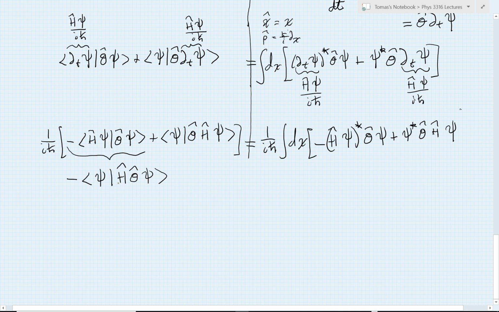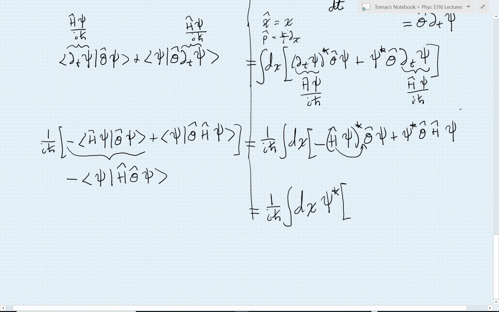And then finally, if I try to write what I have now in the more traditional notation, just so you can see how we can now combine things, what I have is a 1 over iħ integral dx, right? This H now has moved over to here right before the O, so I've got a psi star. And what I want you to notice is I've got the same factor of psi star for both terms, so I can factor that psi star out. So it'll factor out like so.